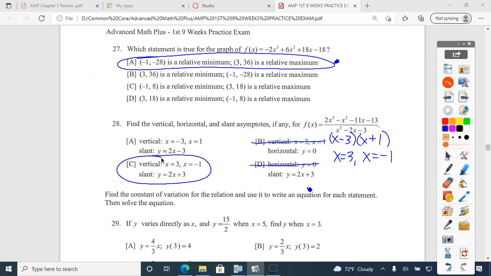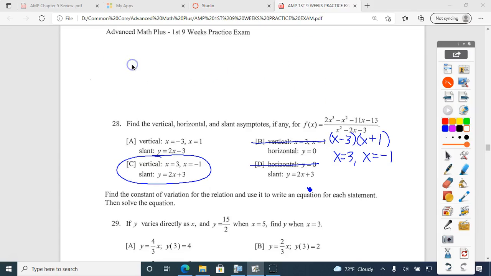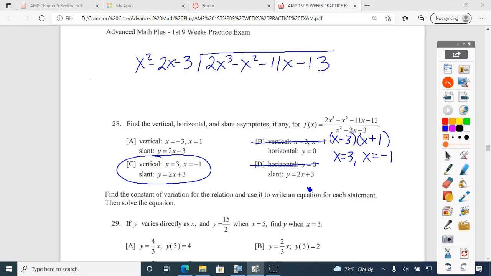If you do have to do the slant asymptote, you're going to do long division. So we're going to say x squared minus 2x minus 3 goes into 2x cubed minus x squared minus 11x minus 13. What times x squared gives you 2x cubed? That would be 2x.